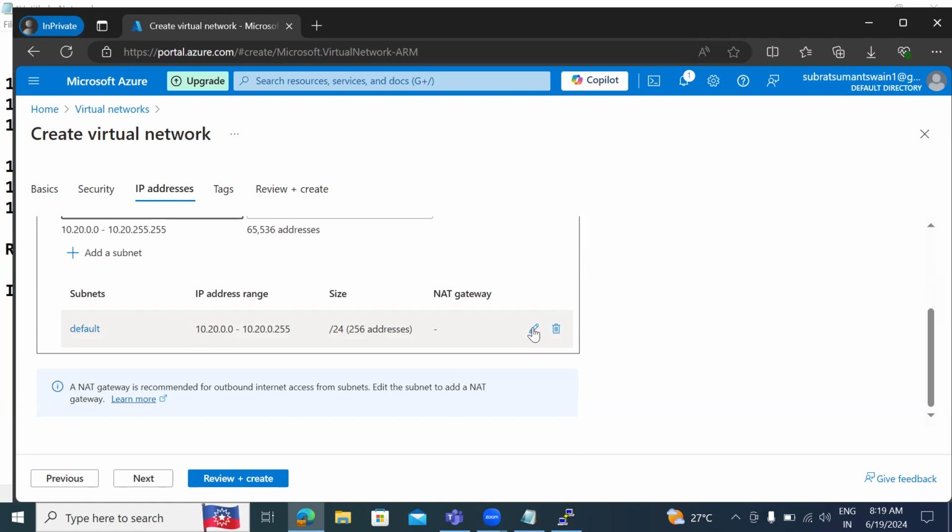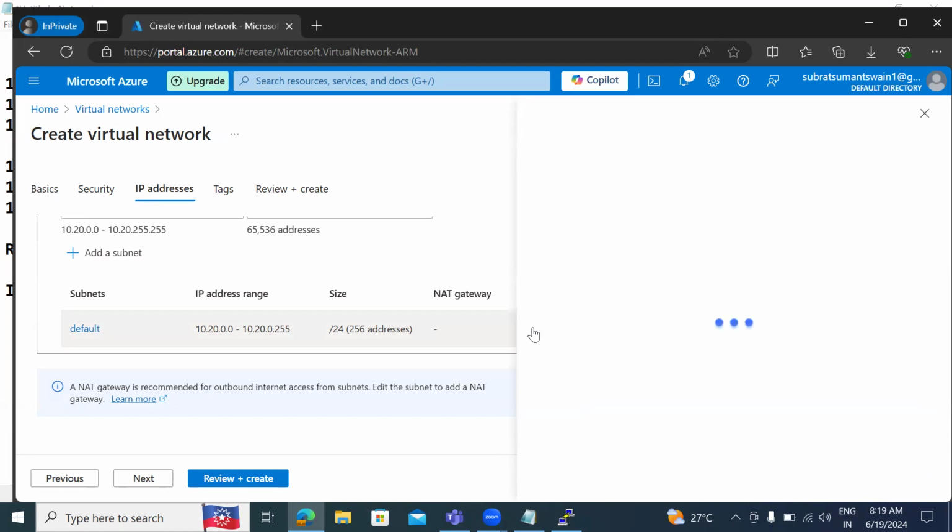The client says they may keep more VMs in this subnet. As of now, how many VMs can we keep here? Maximum 251 VMs.